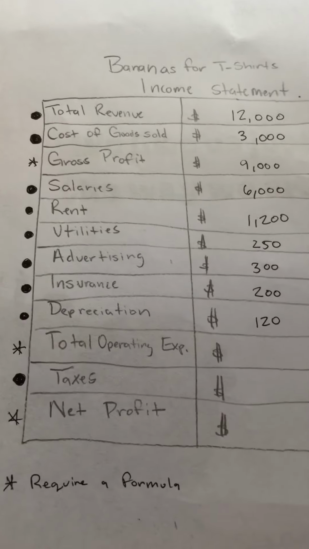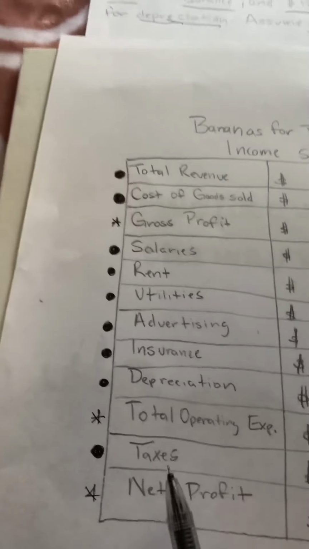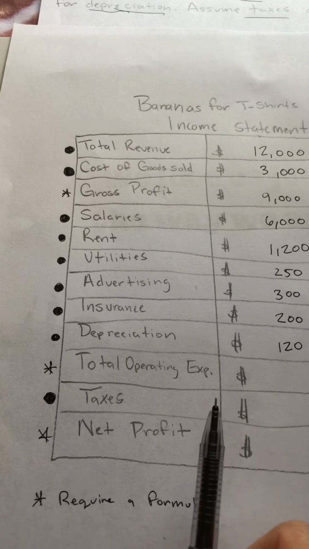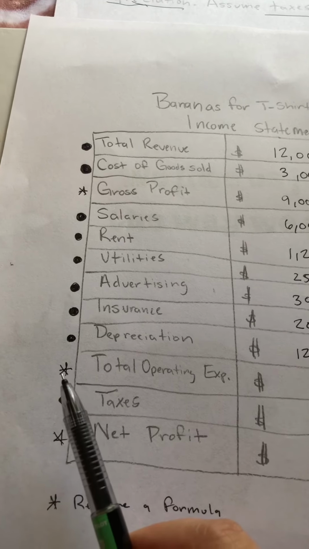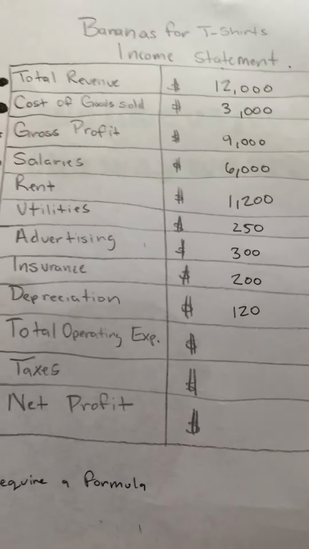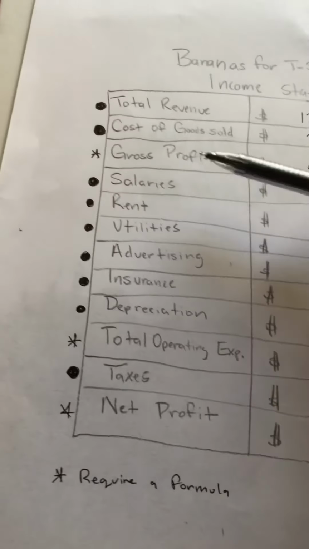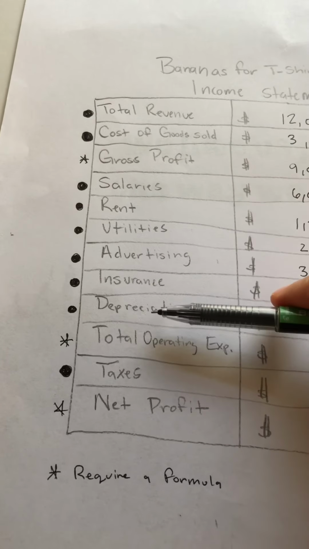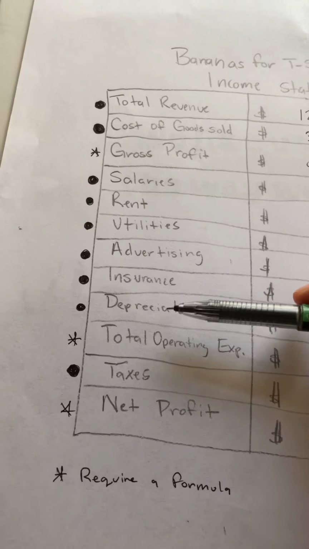So the next one is total operating expenses. So notice that one has a star too. That's because it requires a formula. So I gave you guys the formula. It's basically all of the expenses, from salaries all the way to depreciation. So we have to add all of those up.